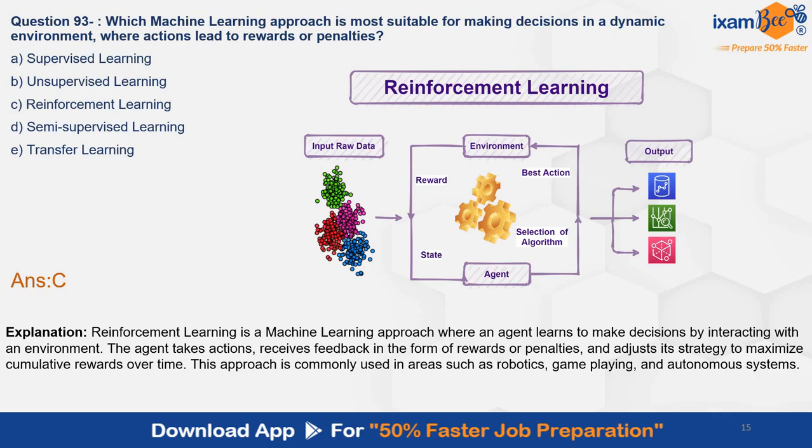It basically allows an agent to learn decision making by interacting with the environment over time. It learns through feedback from rewards and penalties. For example, a chess playing AI system uses the reinforcement learning approach and learns optimal moves.